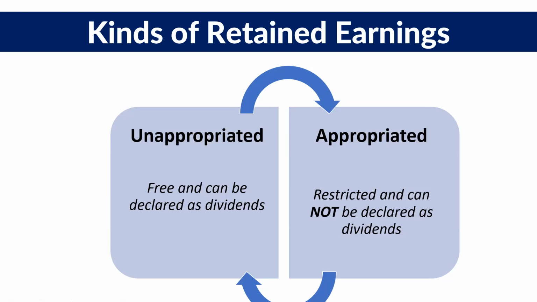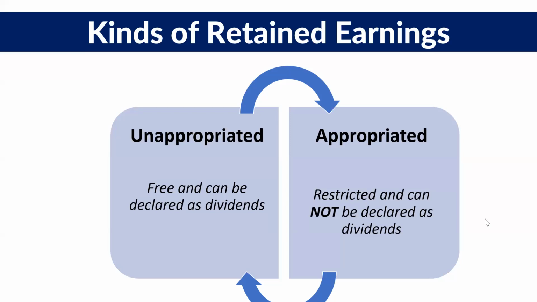So the kinds of retained earnings are unappropriated and appropriated. Unappropriated is free and can be declared as dividends. This is where whatever dividends will be distributed as profit distribution among shareholders will be taken from. Whereas appropriated is restricted, so it cannot be declared as dividends.